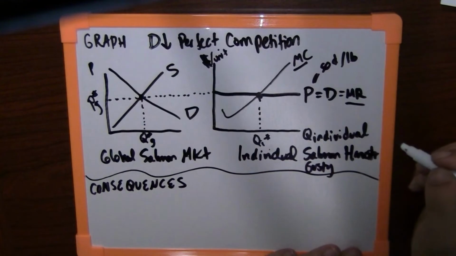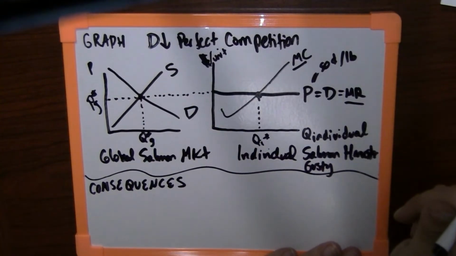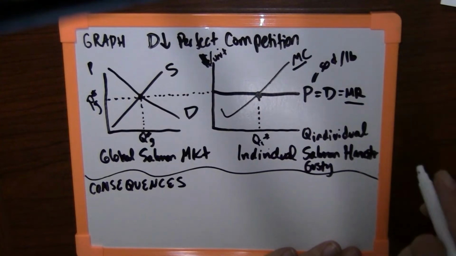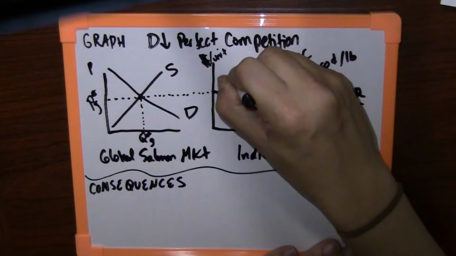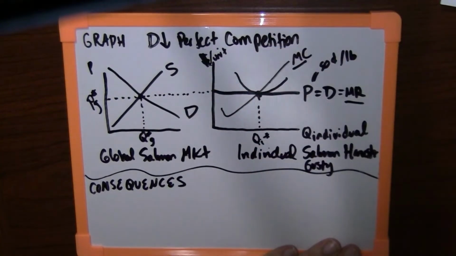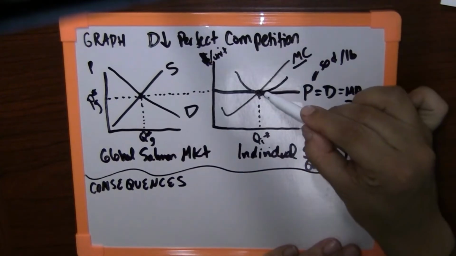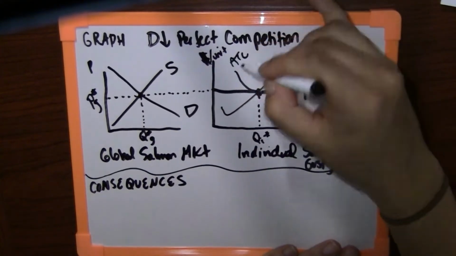So average total cost, we know 2 things about it. It has to be equal to price because that will make profit 0, and it has to hit marginal cost at its minimum. So that means it sits right down there on the demand curve, and it hits the marginal cost curve at its minimum. This is our average total cost.